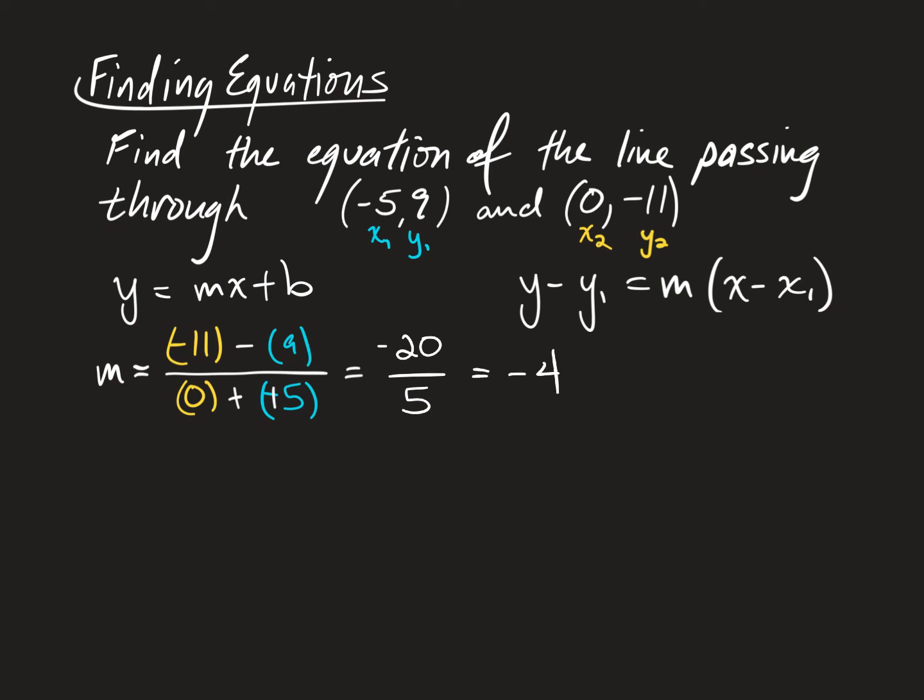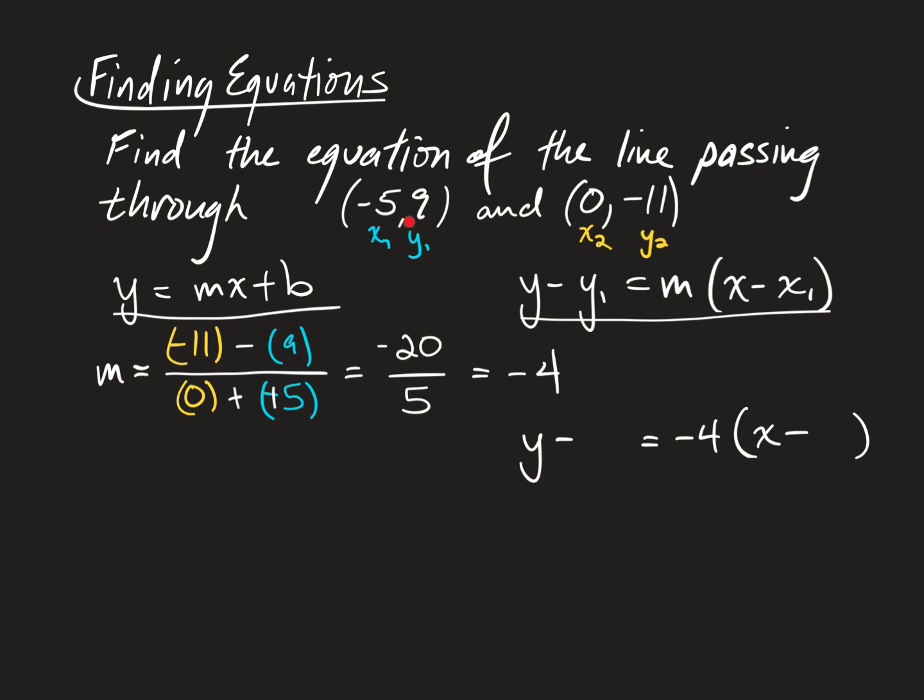Now that we have the slope, we can use either the slope-intercept equation or the point-slope equation. And I think I'm going to use the point-slope equation first because that's a whole lot easier to work with, in my opinion. So I will have y minus blank equals, well, the slope was negative 4 times x minus blank.